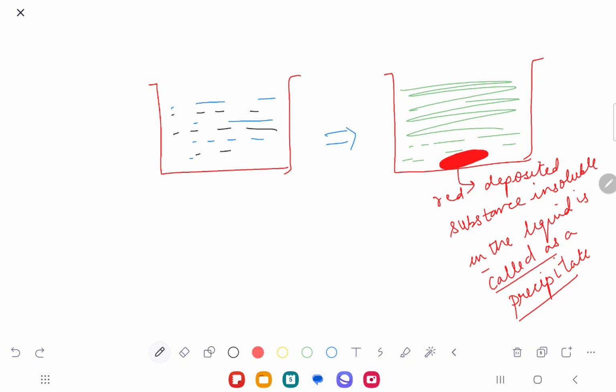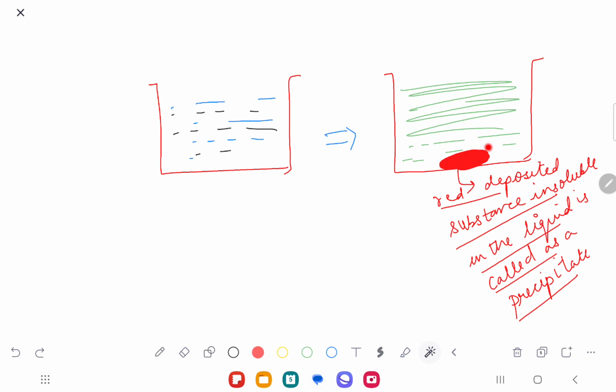Yes or no? That means, when you're mixing the reactants and you're expecting the products to be formed, sometimes one product might not be soluble in the other. Like in this example, two new substances got formed. When the blue reactant combined with the black reactant, a green and a red compound formed.